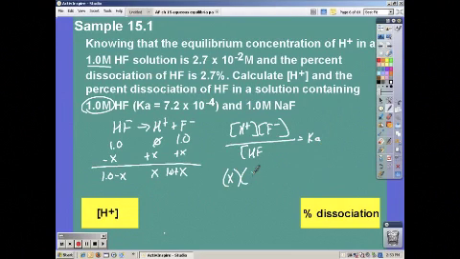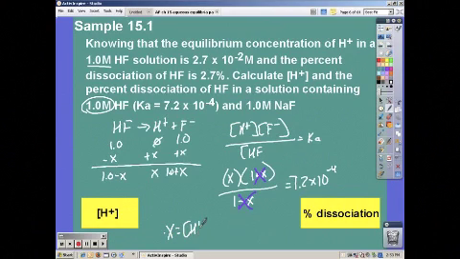So write our dissociation equation, plug everything in. We can ignore the minus and plus x's since Ka is very small. And so our X, or H concentration, is equal to 7.2 times 10 to the negative fourth.